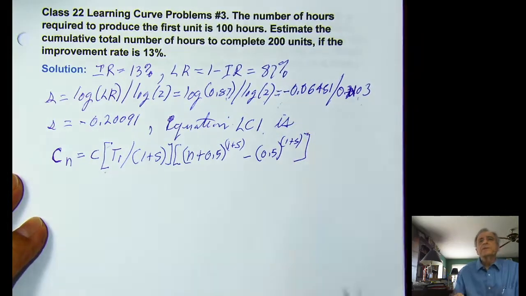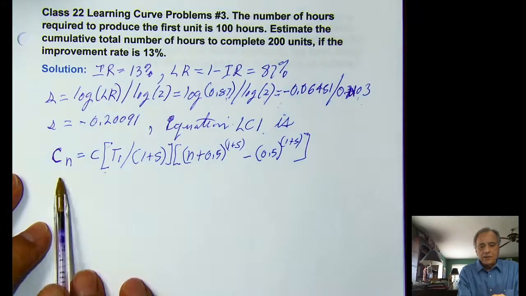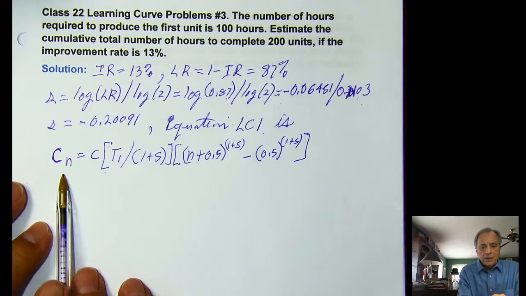And that gives me an approximation of the cost to produce all N units.